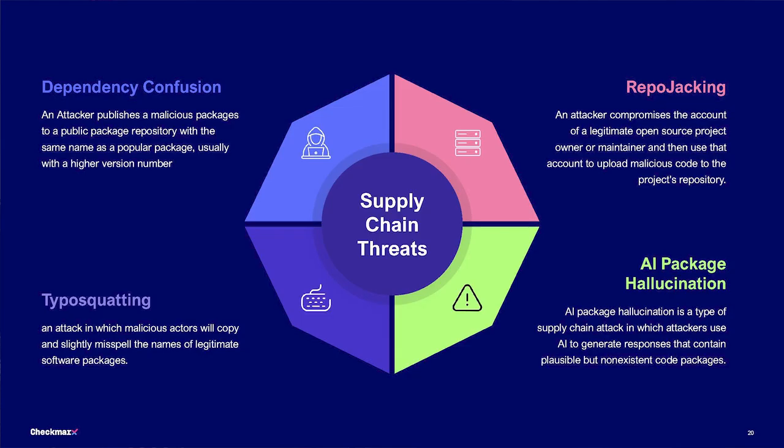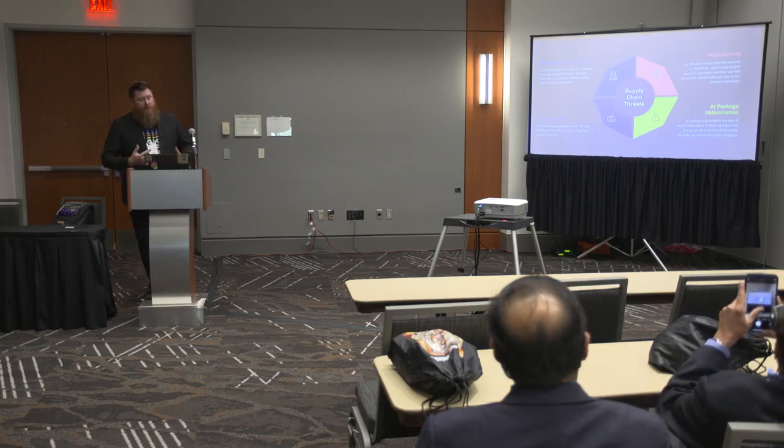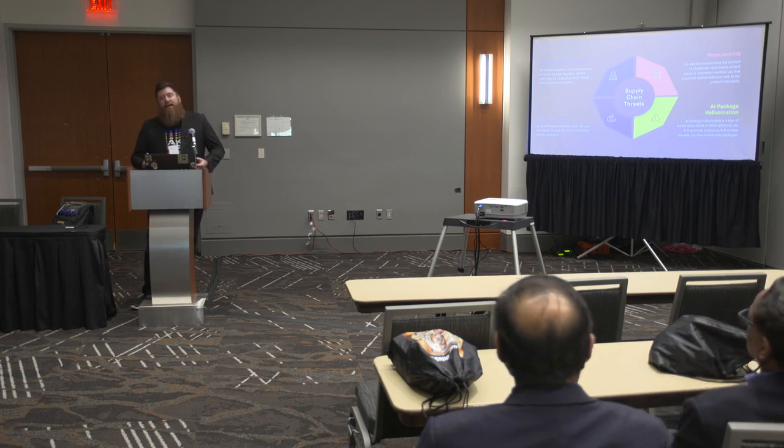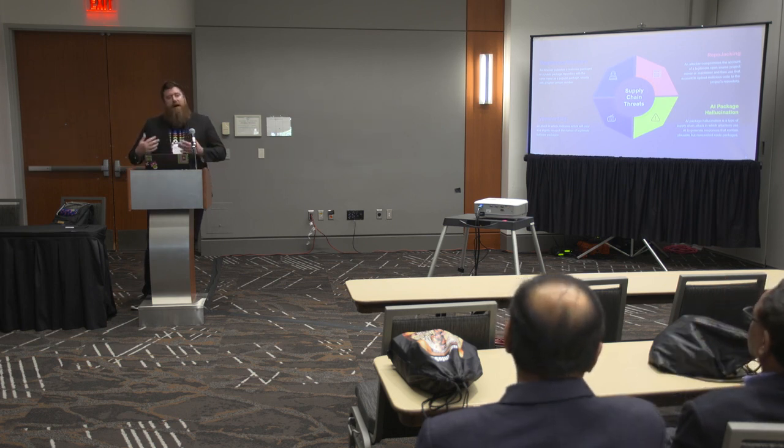And then repo jacking. So an attacker compromises the account of a legitimate open source project or maintainer and uploads a malicious package to the repository. This basically means, at some point in time, a user is utilizing a repository, they end of life it or move on to something else, and that repository is parked there.